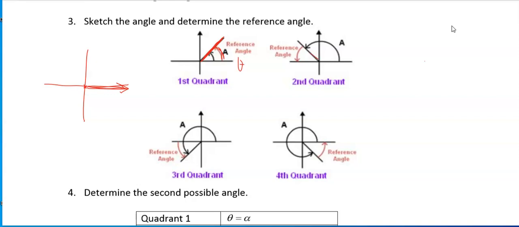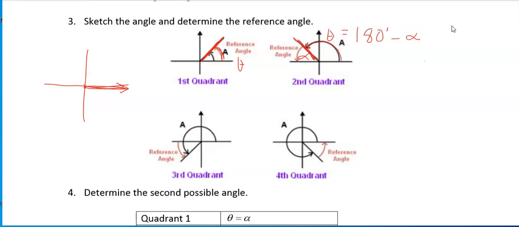What if this was your terminal arm, and here's your reference angle, and again, you can call that alpha if you like. Well, here is your theta. Again, starting from the positive x-axis, counterclockwise rotation to that terminal arm. And to calculate your theta right here, of course, theta would actually equal 180 degrees minus your reference angle.